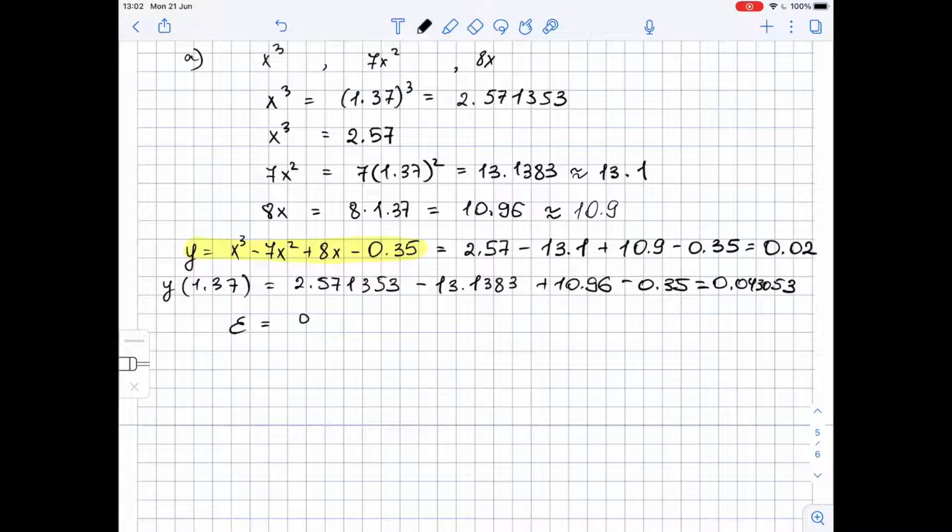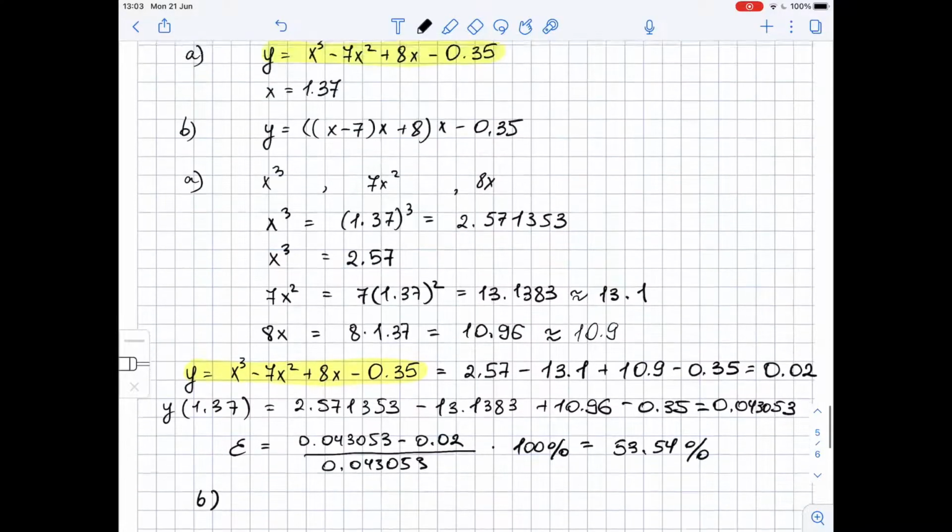So 0.043053 minus 0.02 over 0.043053 and multiplied by 100%. And this equals 53.54%. So we get quite a big percent relative error here. It's more than 50%. Now let's look at part B, so we can compare the errors in them.